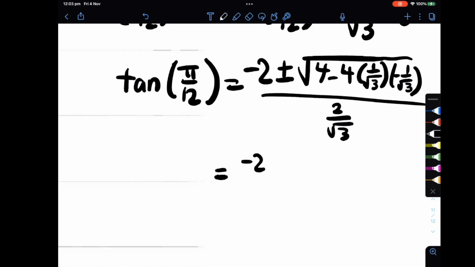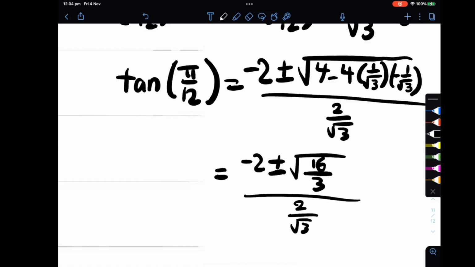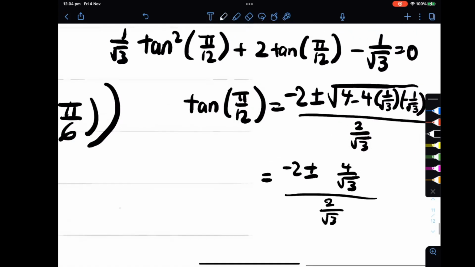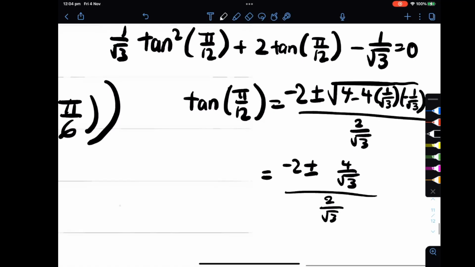So negative 2 plus or minus root 4 plus 4 on 3, no, sorry, it's 16 on 3, all over 2 root 3. So the top here actually becomes 4 on root 3. Cool, okay.